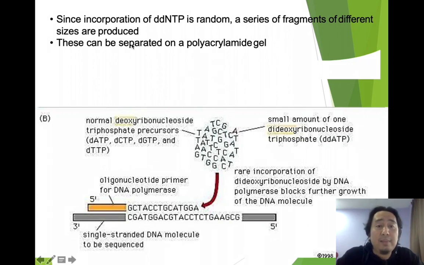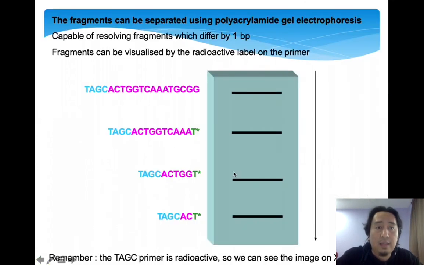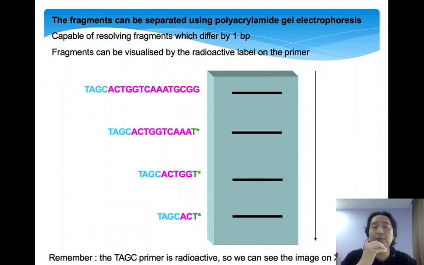Okay, this can be separated on polyacrylamide gel electrophoresis. The fragments can be separated using polyacrylamide gel electrophoresis, capable of resolving fragments that differ by one base pair. So we can resolve even one base pair. This means the percentage of gel needs to be lower.